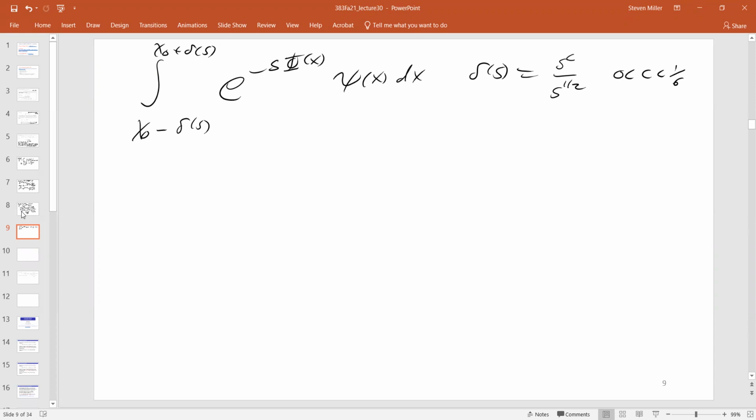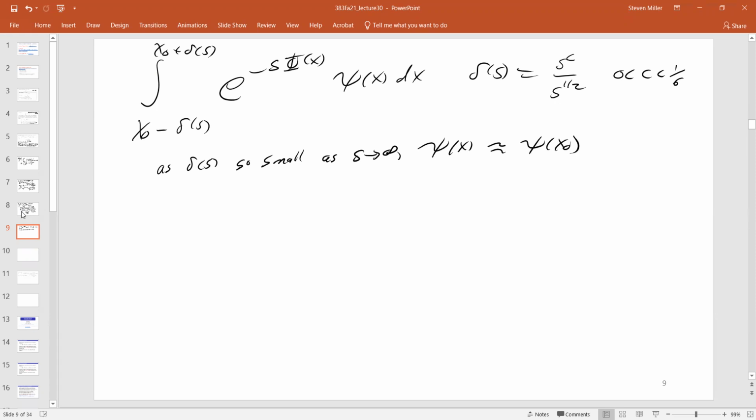Okay, because we are moving such a small range, you can approximate C of x with C of x naught. So as delta S is so small, as S goes to infinity, C of x is approximately C of x naught.